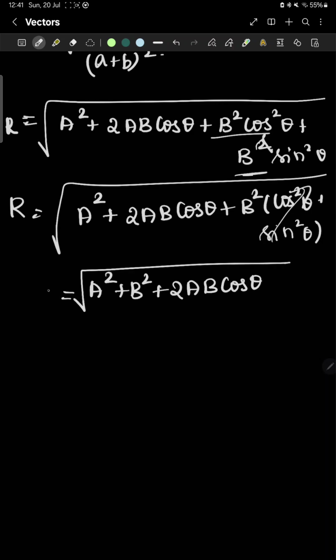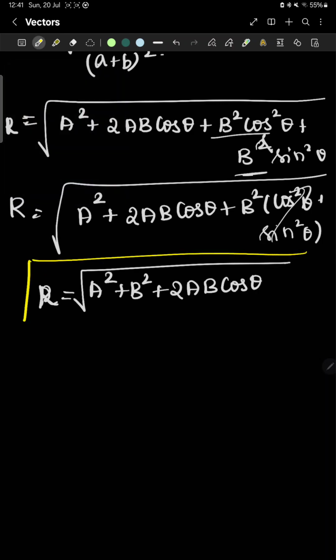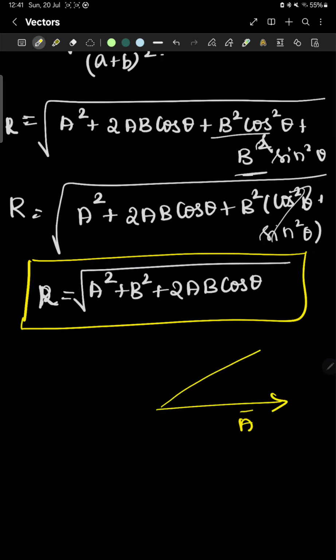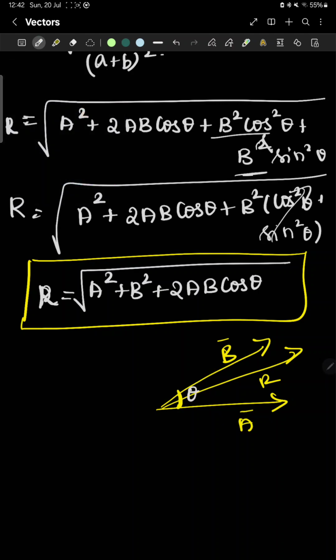That is the formula to find the resultant vector of two vectors when I add. That means if I add A vector and B vector, the resultant vector is calculated using this formula, where theta is the angle between the two vectors A vector and B vector.